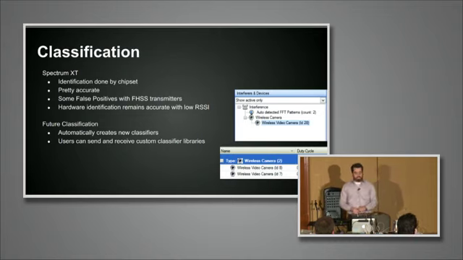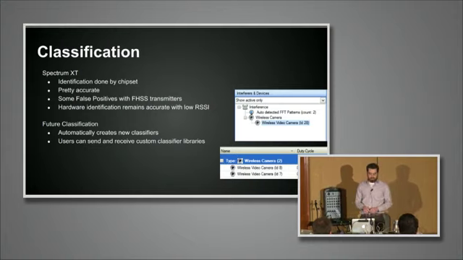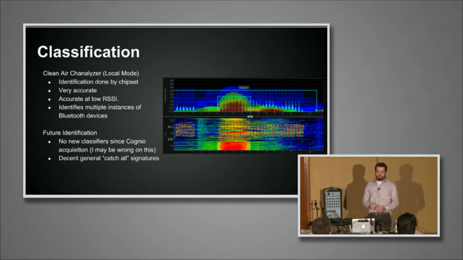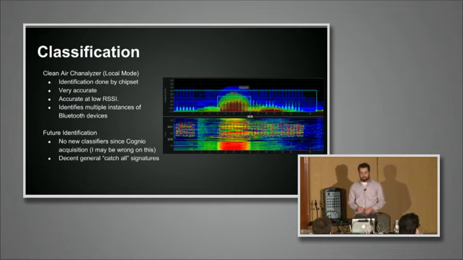So as far as feature classification goes, it automatically creates new classifiers, and users can send and receive custom classifier libraries. Now with the Cisco Clean Air Channelizer local mode, the identification is done by the chipset. You cannot create a classifier if you see one in the software there. It's very accurate, and it's even accurate at low RSSI values.